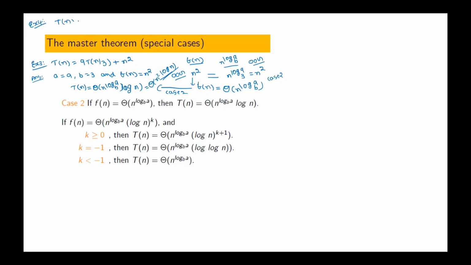Example 4. T of n is 4 times T of n by 2 plus n square. What is the answer in this case? Same, sir. n power log a base b is n square, and f of n is also n square.